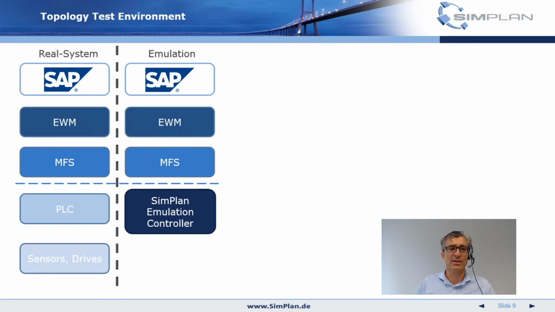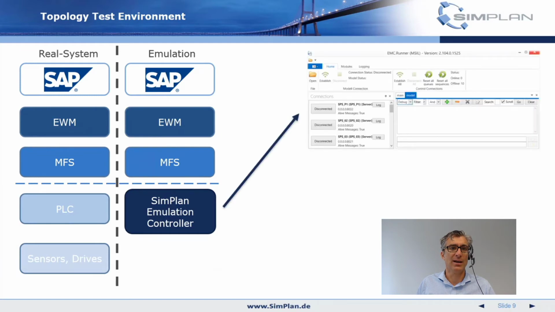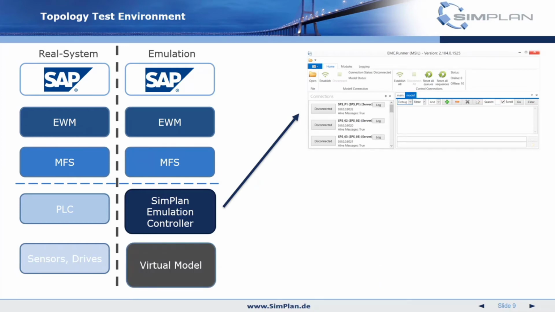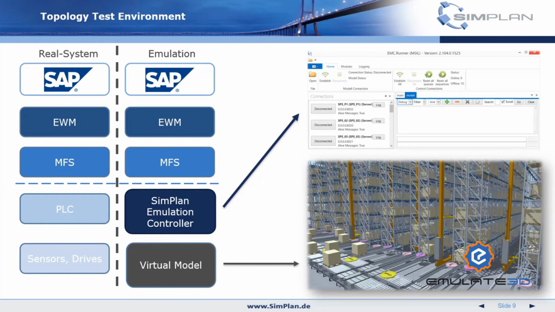Then we have our Simplan emulation controller, which is an interface module I will introduce in a minute. You see a screenshot of it, and underneath it we have our virtual model in Emulate 3D with all the mechanics, sensors, drives, and also PLC strategies.